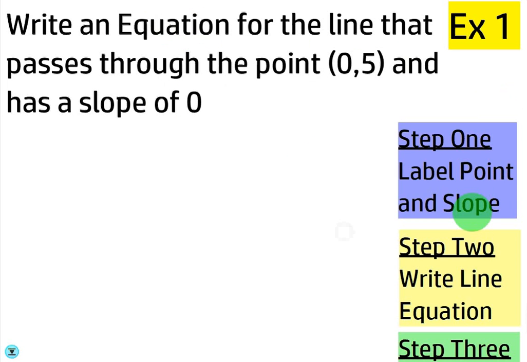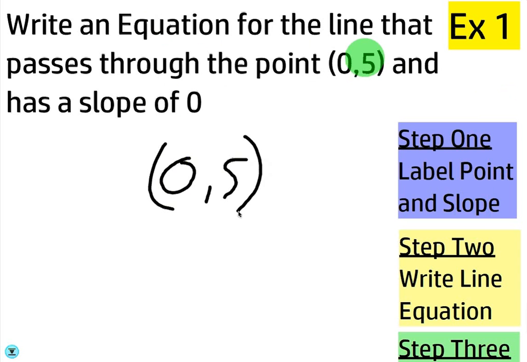So first of all, we're going to rewrite the point that he gave us. That's real easy. So the point is 0, 5. All right, in terms of x and y is how we're going to label this. So which one's x and which one's y? Good. The first value is x, 0.